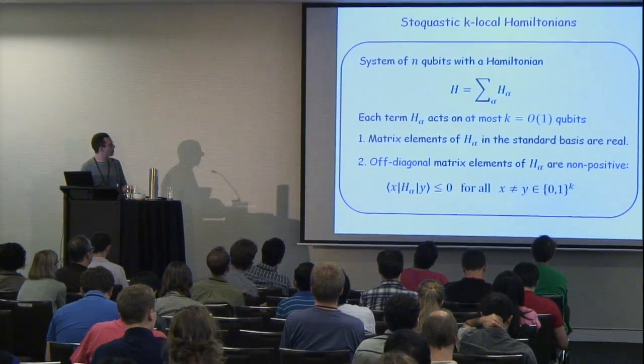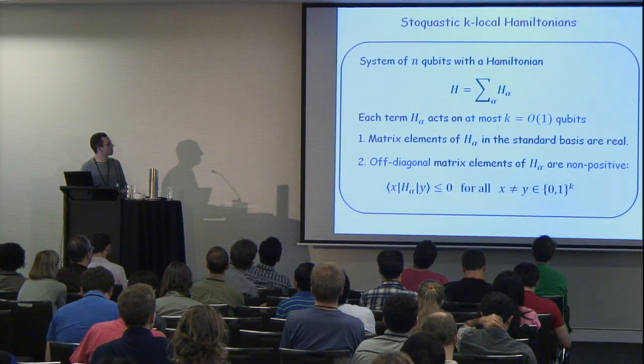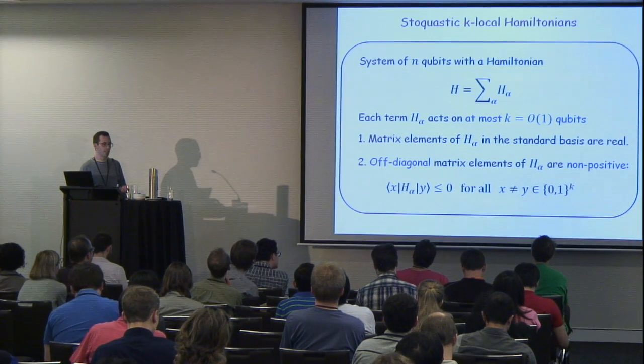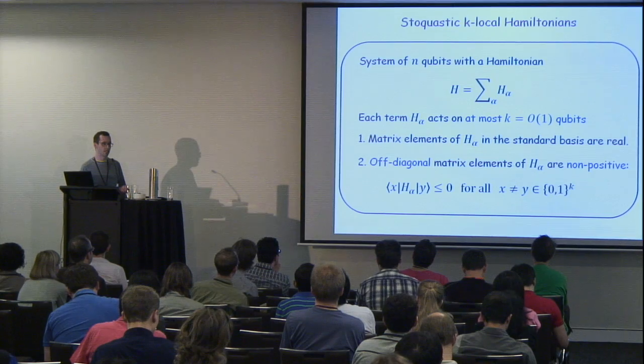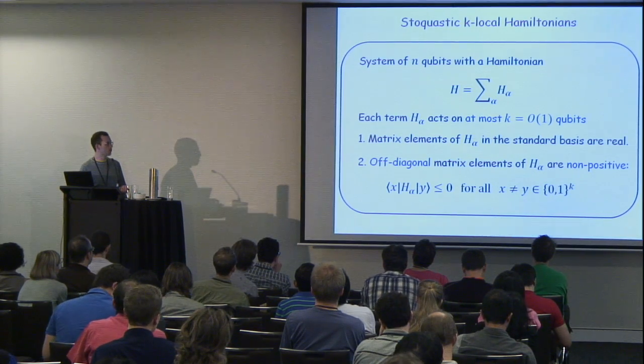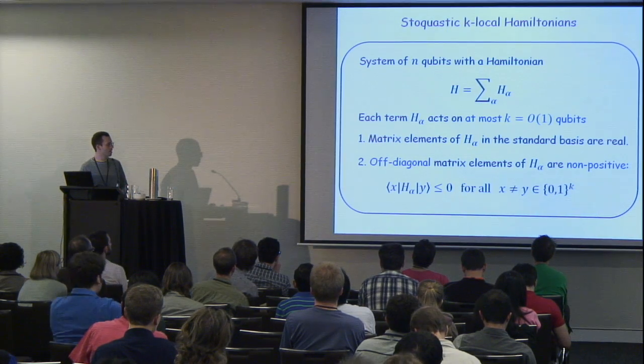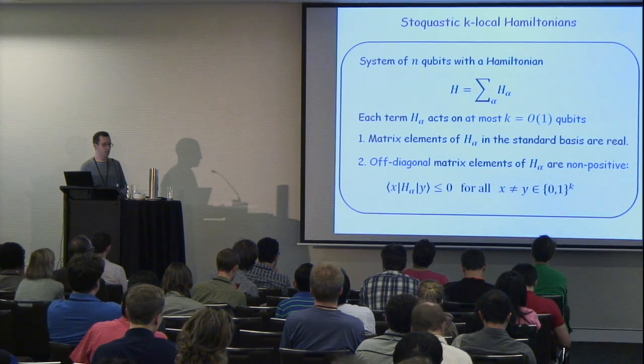So this is a definition of stochastic Hamiltonians. We have a local Hamiltonian, and each matrix element of the Hamiltonian is real, and the off-diagonal matrix elements are non-positive. So in the condensed matter lingo, this would be said to be sign problem free. Many interesting Hamiltonians have this property.